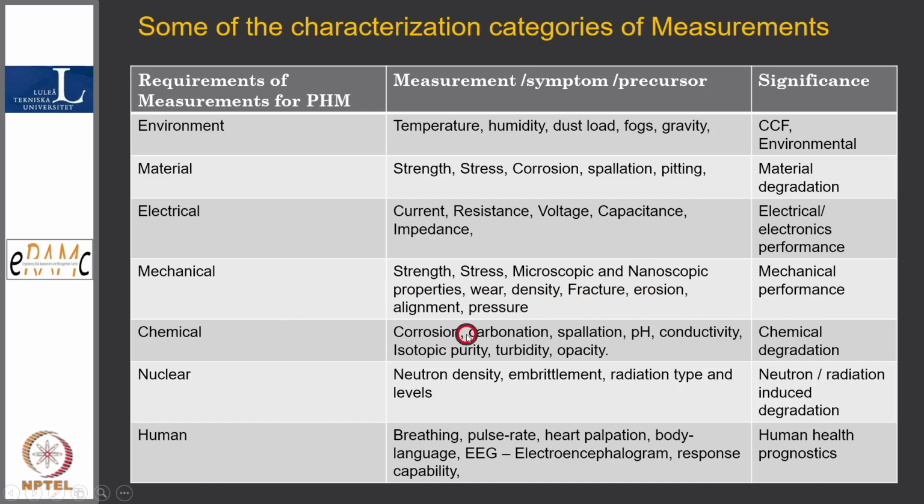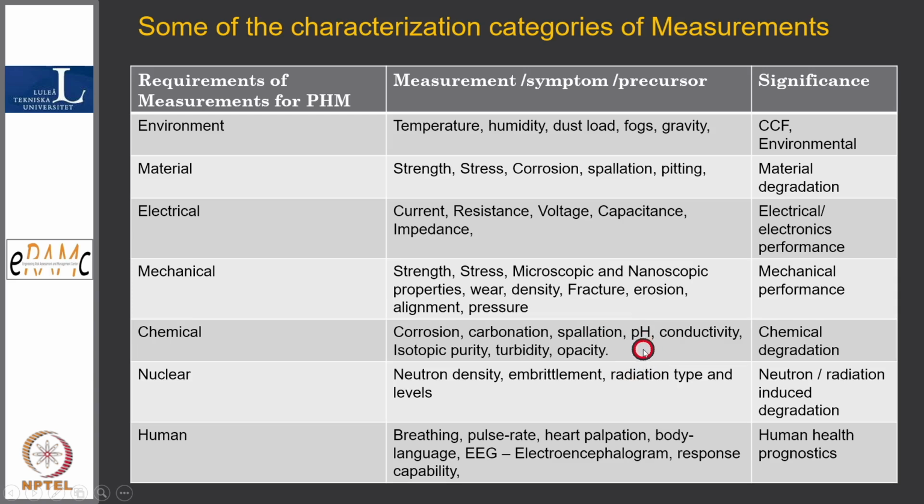And then chemical: the corrosion, carbonation, spallation, pH, conductivity. Neutral water has a pH of 7, and below that it is acidic, that is 3, 4, 5 they are acidic, and 9, 10, 11 up to 12, 14 it goes. So then it is base.